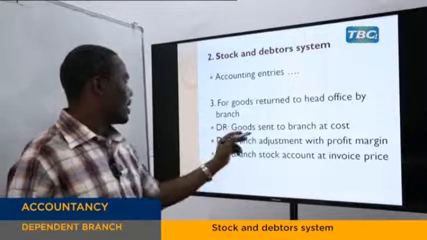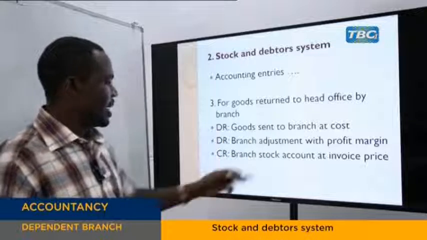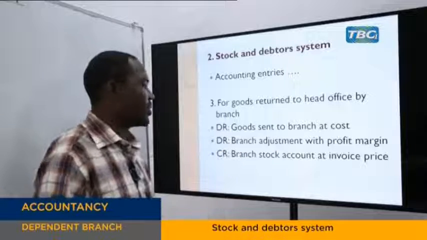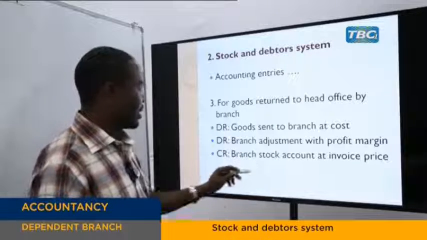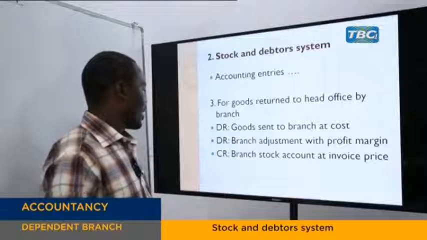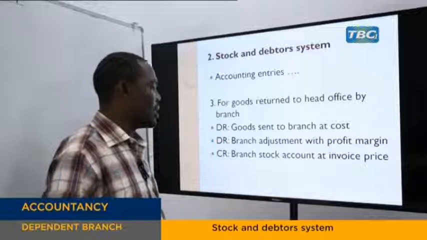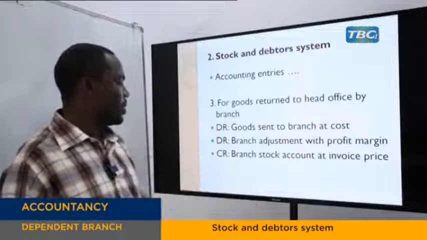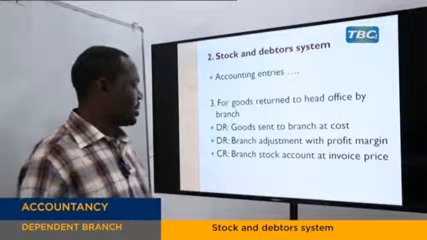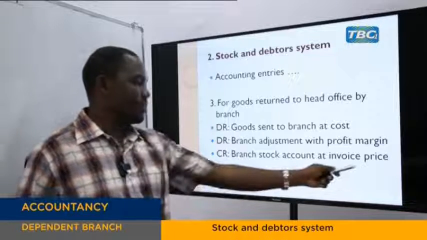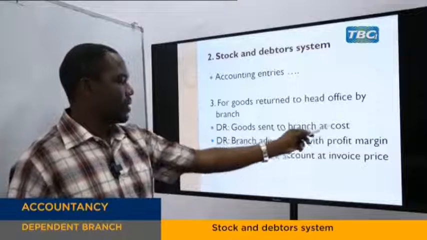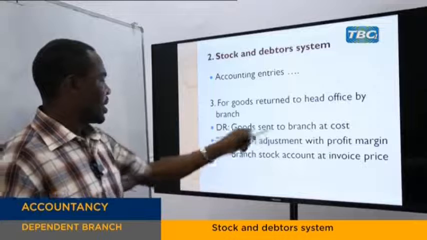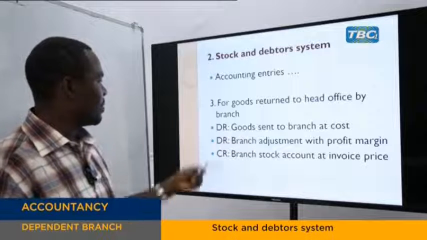So we are going to debit the goods sent to branch. This will be at cost because the goods sent is normally recorded at cost. The other entry will be to branch adjustment, with the profit margin. And we are going to reduce the goods sent to the branch stock account by crediting it at invoice price. So the cost plus the margin will have adjusted that entry for return.